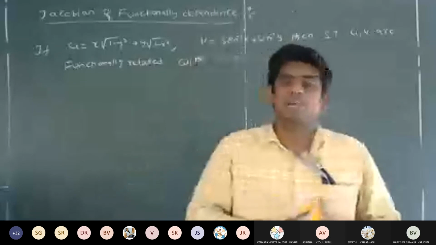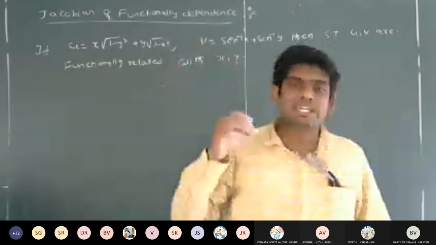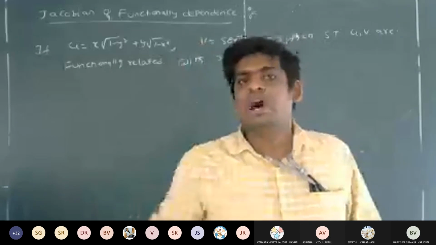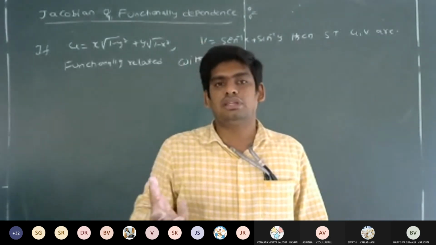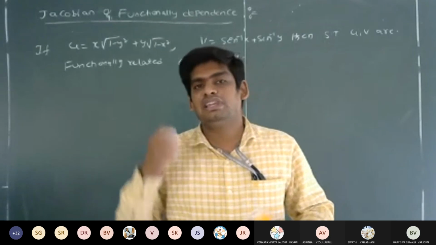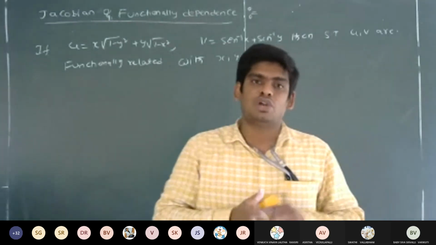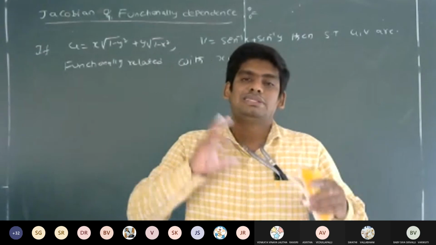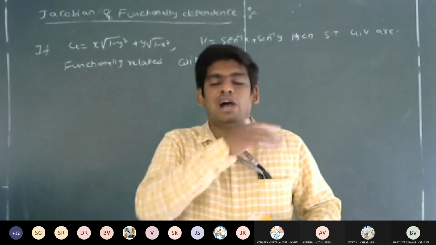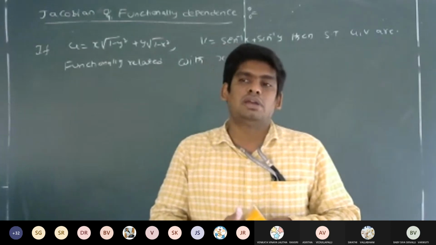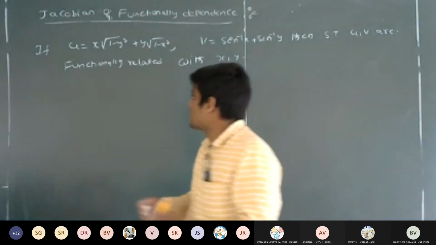To find the relation, we use some known formulas or results involved in the given relations, and we can find the relation between the dependent variables and independent variables. But before that, first we calculate the Jacobian and show that its value is 0. That is the first task.